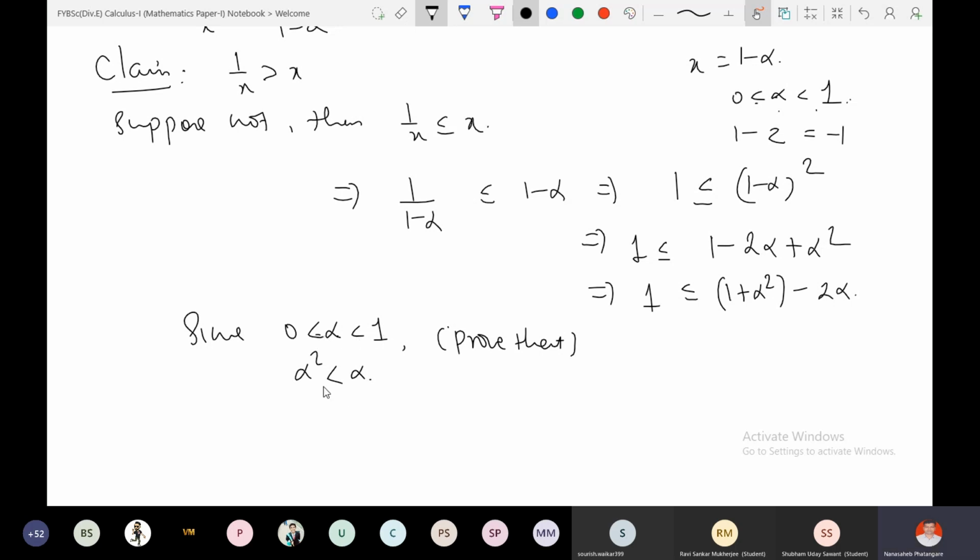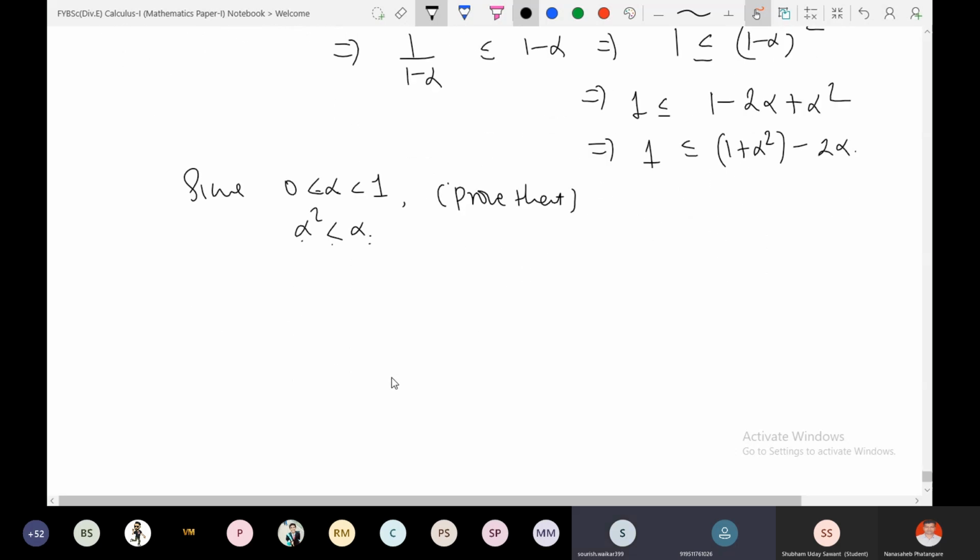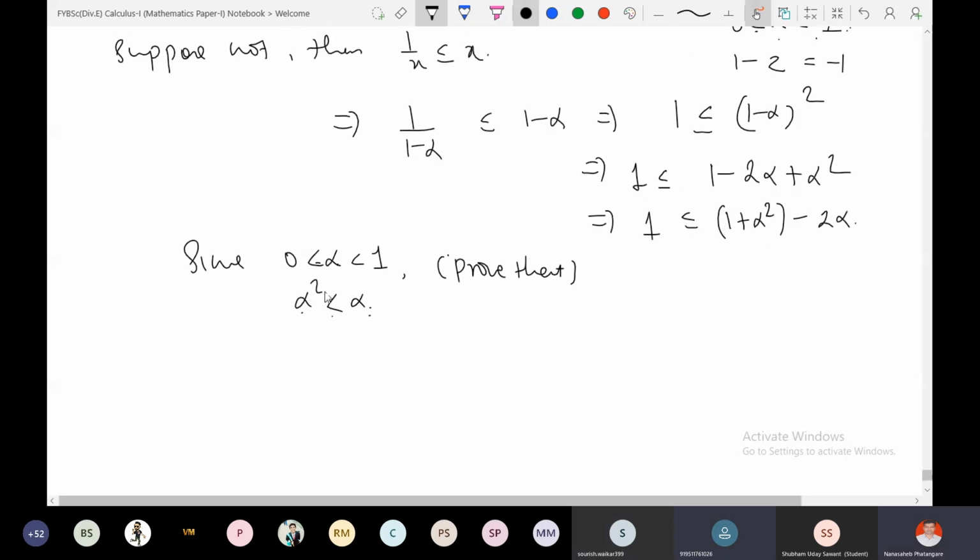If alpha is between 0 and 1, then alpha square is less than alpha. Yes, sir. If a number is less than 1 and greater than 0, then its square is always less than the number.